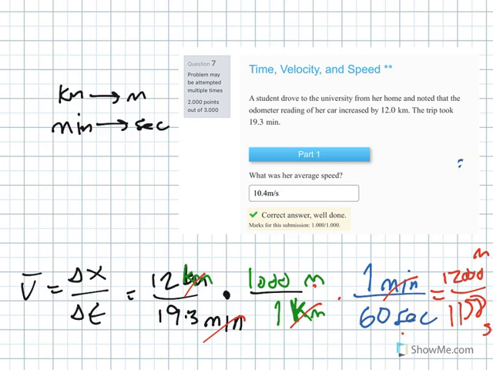So now let's divide those two and see what we get. I get 10.36 meters per second.